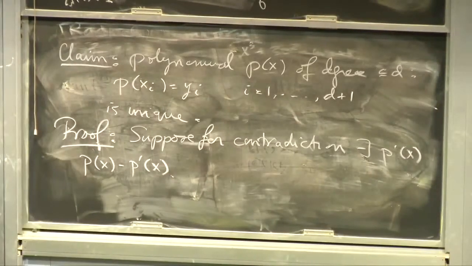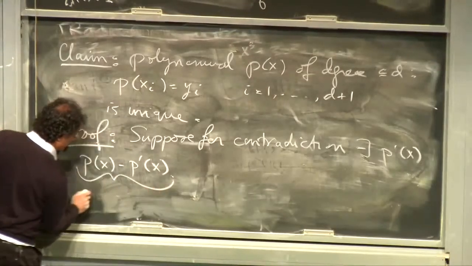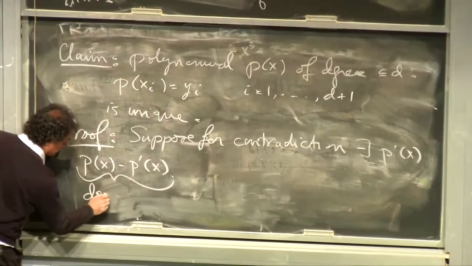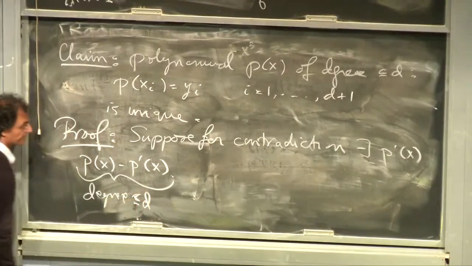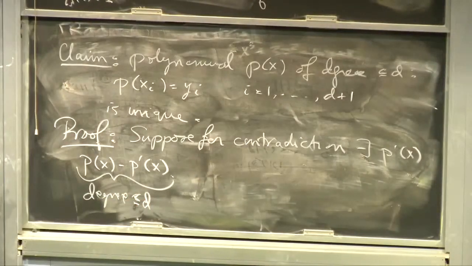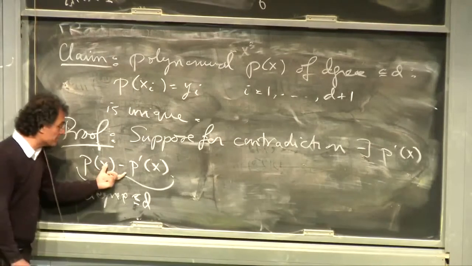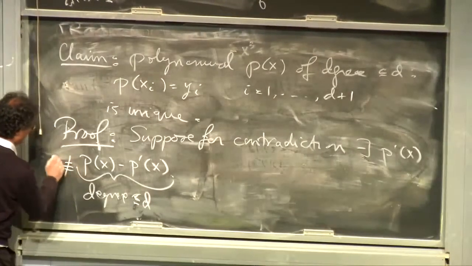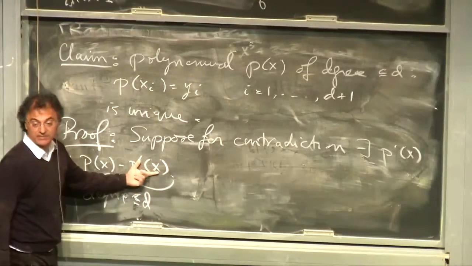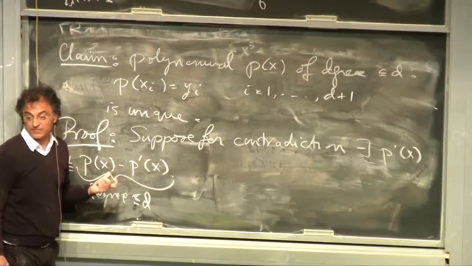So this is a polynomial of degree at most d. And it's not identically 0 because p and p prime are different polynomials.